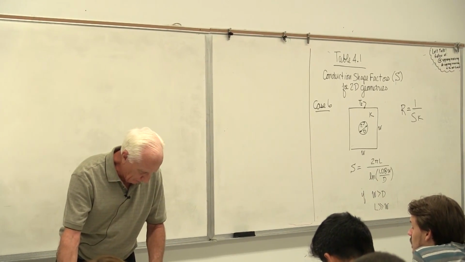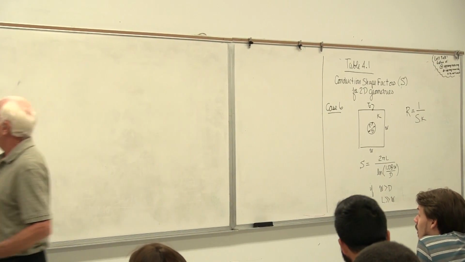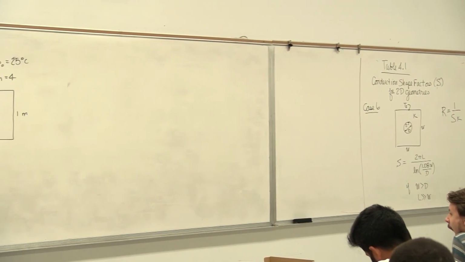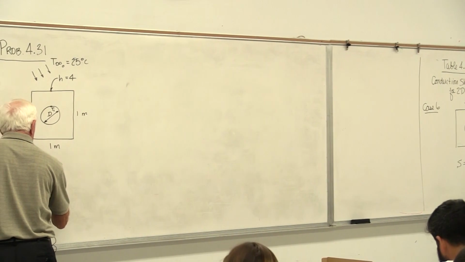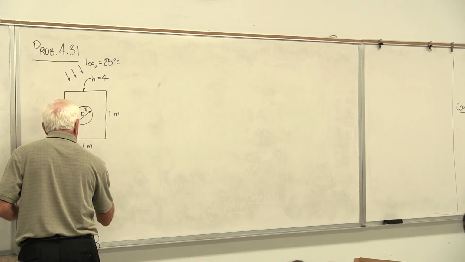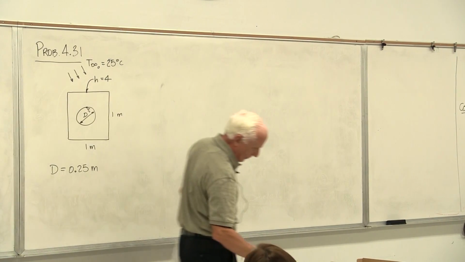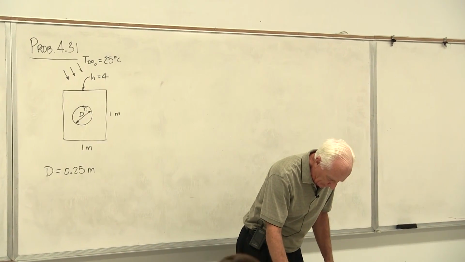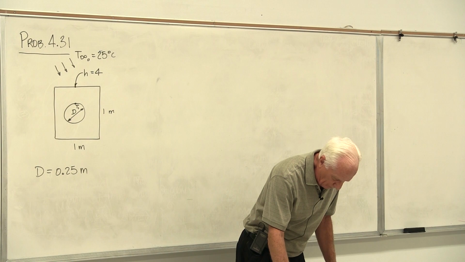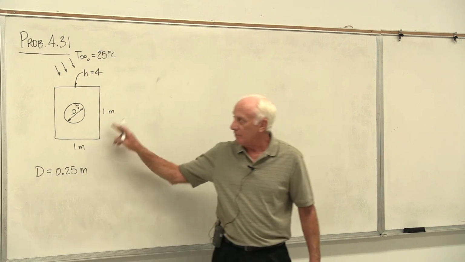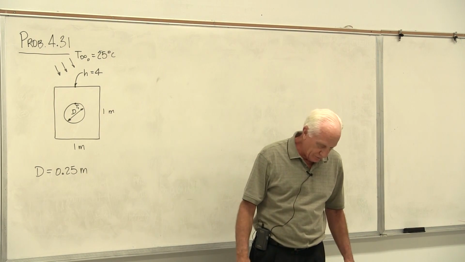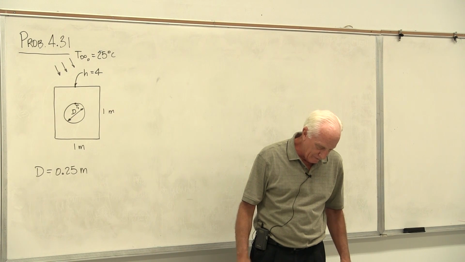There is a hole a 1/4 meter in diameter. So D is a 1/4 meter in diameter. It says, a solid block of square cross section, 1 meter on a side, 1 by 1 meter. A hole drilled through the block, 1/4 meter in diameter.